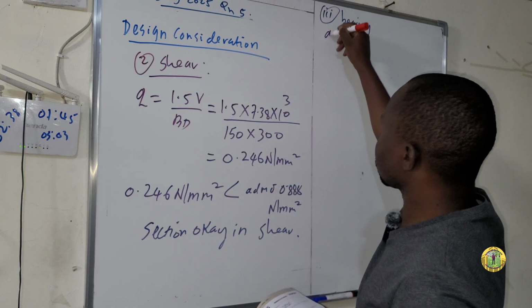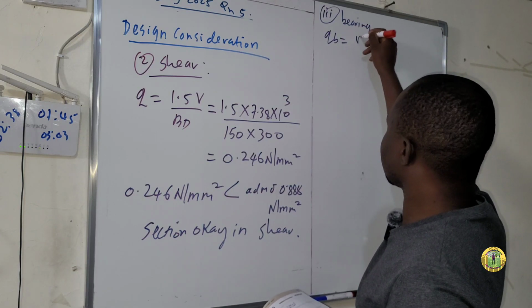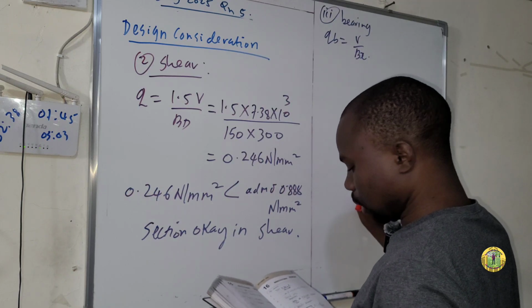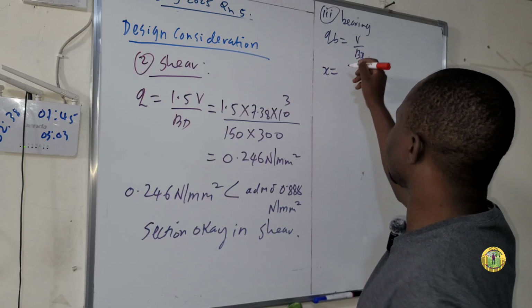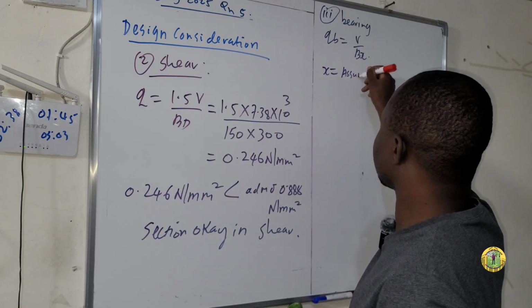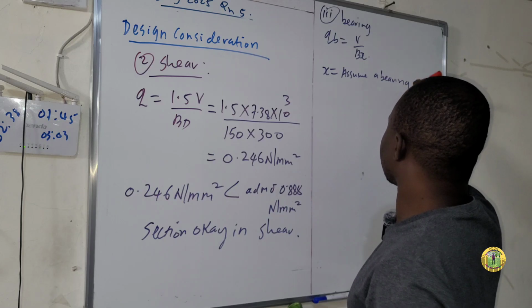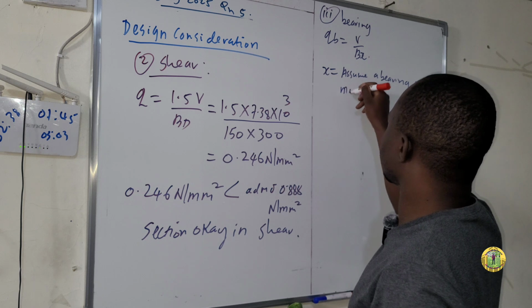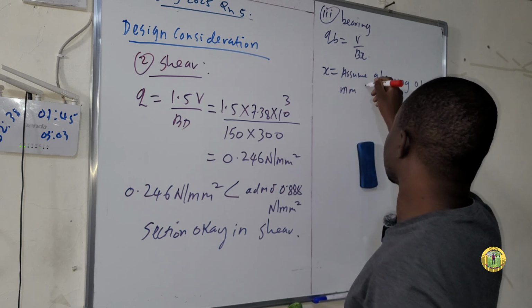So Q bearing is equal to V over Bx. But since we have not been given x, assume a bearing of 200 millimeter thick wall.